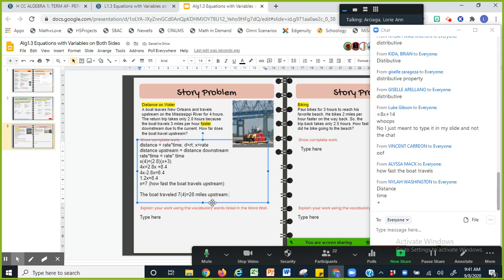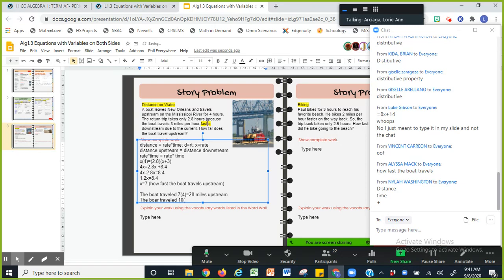The 28 miles should be for both upstream and downstream, right? You can also verify that for the downstream distance. The rate going downstream we said was x plus 3, because the boat traveled 3 miles per hour faster. So the 7 will actually become a 10, okay?